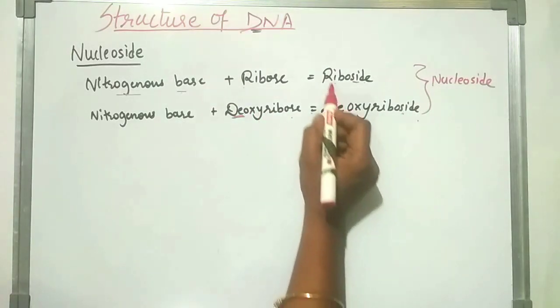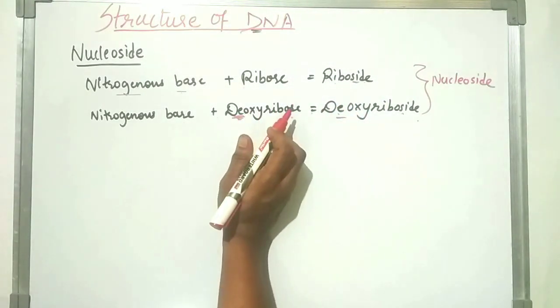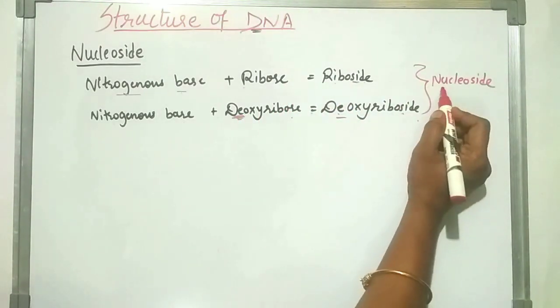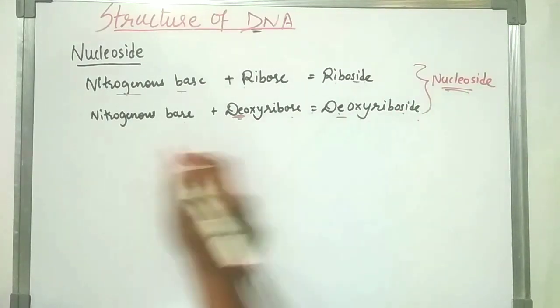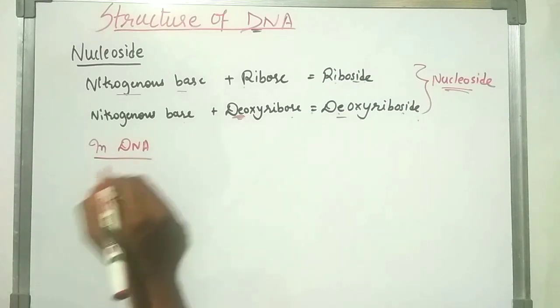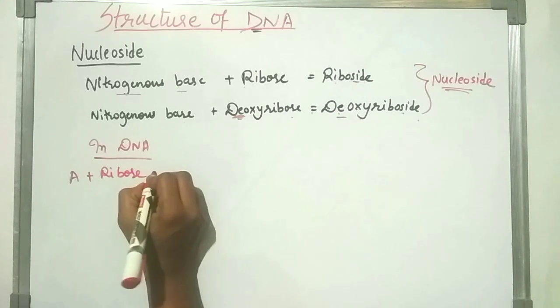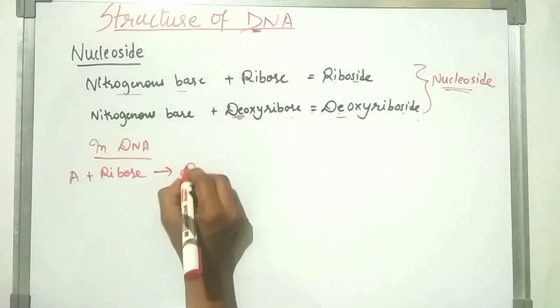In RNA it will be ribose sugar; in DNA it will be deoxyribose sugar. So this is called a nucleoside. In DNA, adenine plus deoxyribose will be called what? Deoxyadenosine.